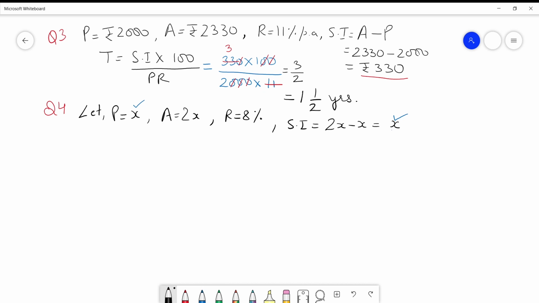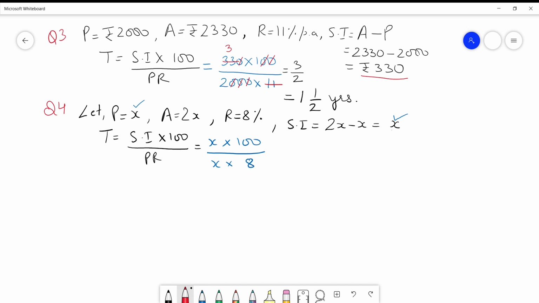Now I will find out the time. Formula is known to you, SI multiplied by 100 over PR. SI is X, 100, X, 8.